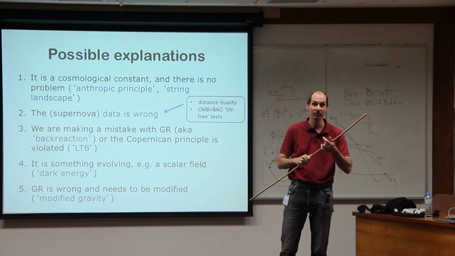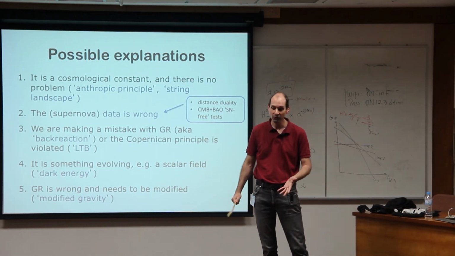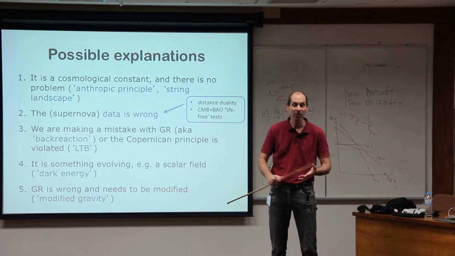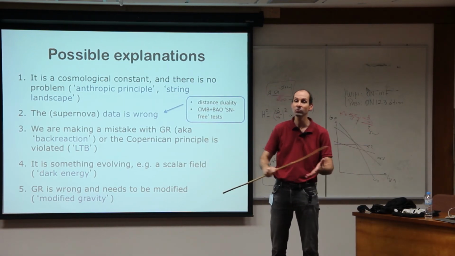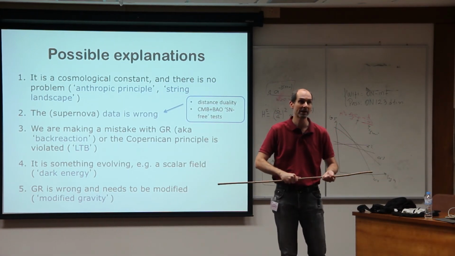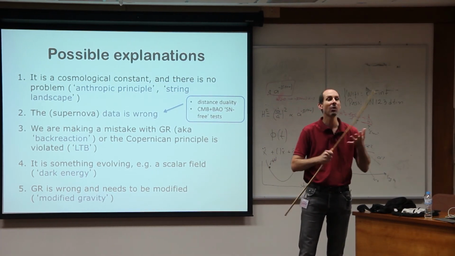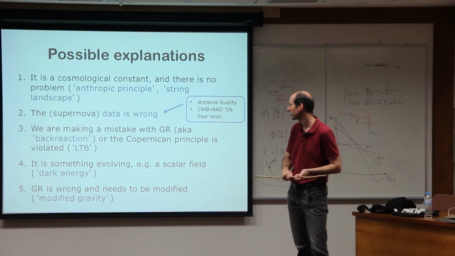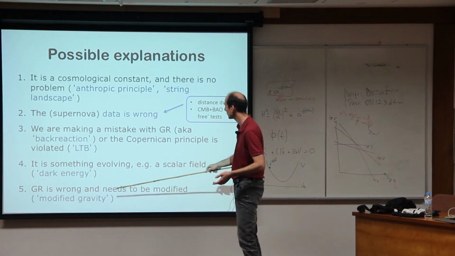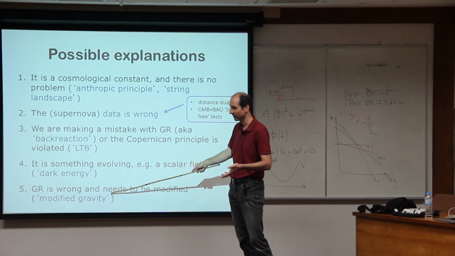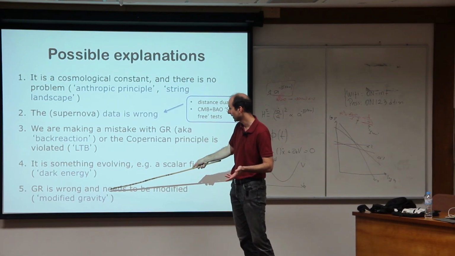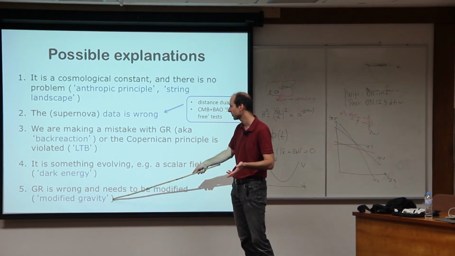It works very well and is very well tested on solar system scales, but we extrapolate it up to horizon scales in the universe that are many, many orders of magnitude larger. And maybe on these very large scales, there is some modification of general relativity that leads to the observed, at least apparent, accelerated expansion. That would be called modified gravity.